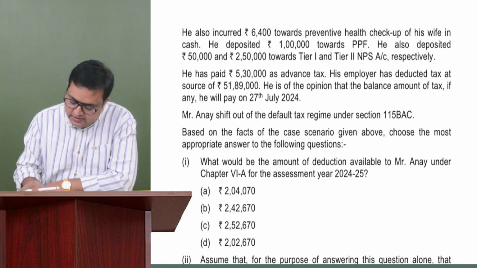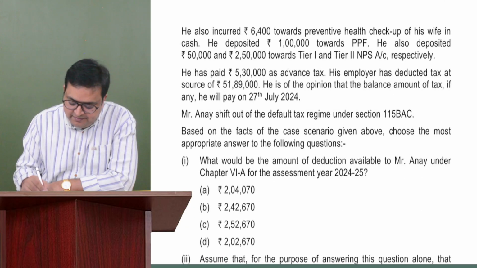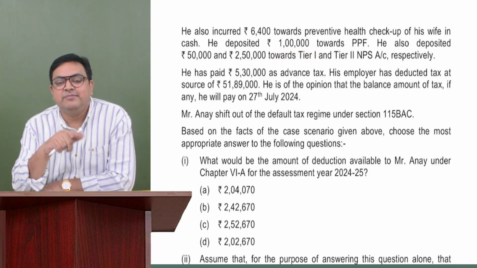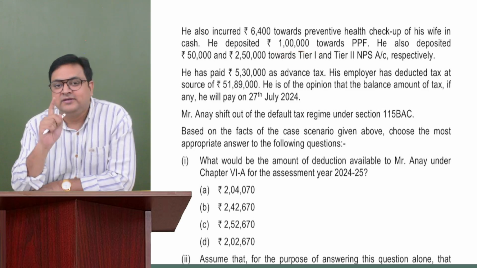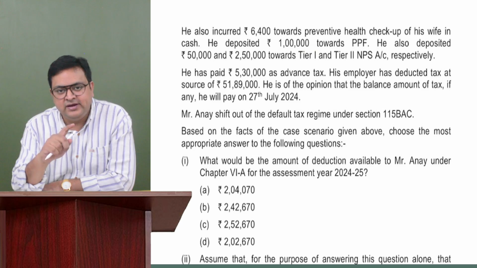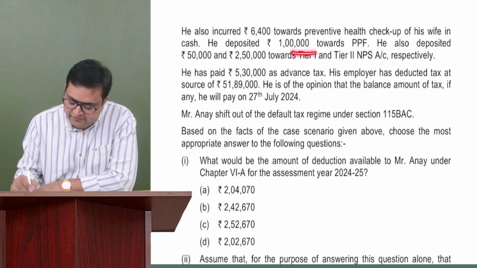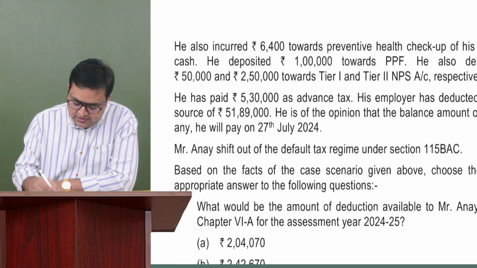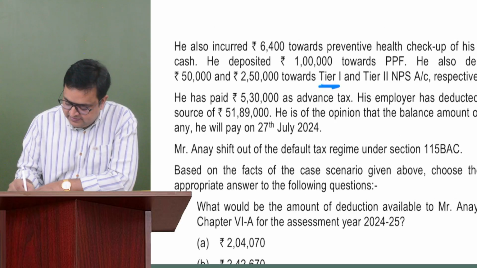Then he deposited 1 lakh towards PPF, 80C. The repayment of housing loan, that is for repair, is not allowed, but this is allowed, right? So 1 lakh we can allow in PPF. He also deposited 50,000 rupees and 250,000 rupees towards tier 1 and tier 2 NPS. Now, if you remember, guys, this is something important.